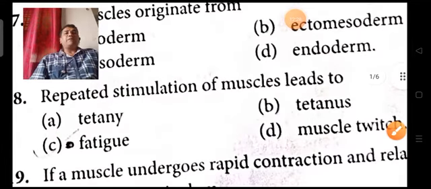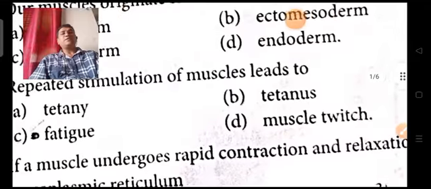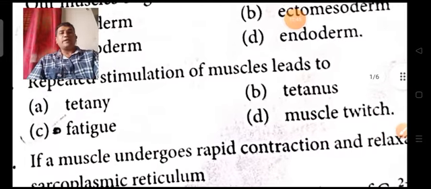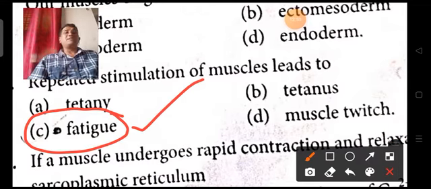Next, repeated stimulation of muscles leads to tetany, tetanus, fatigue, muscle twitch. Repeated muscle stimulation is called fatigue. Fatigue is a condition where your body feels restlessness.